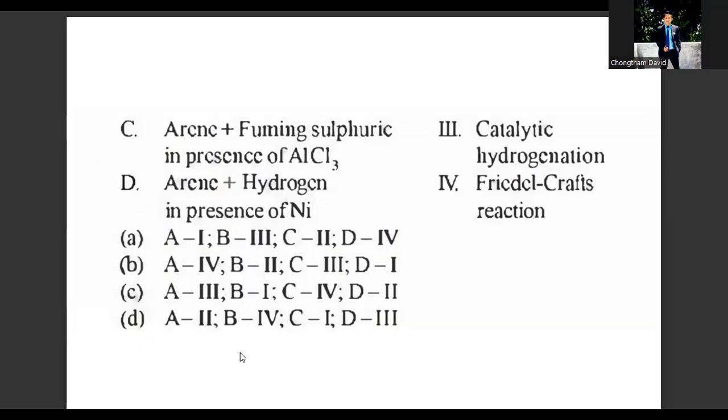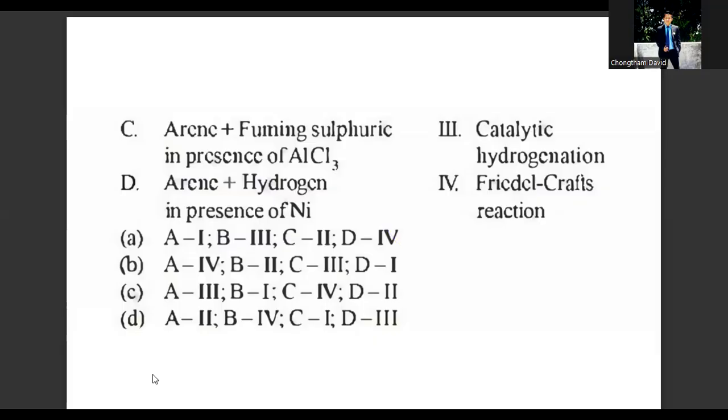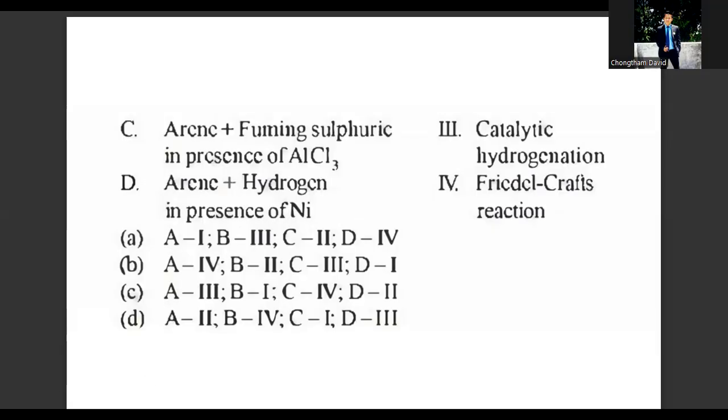And D. Arene plus hydrogen in the presence of nickel must be catalytic hydrogenation. So from the previous slide, you have A2, B4, C1 sulfonation, D3. So A2, B4, C1, D3. And for this, you have D as the correct answer for question number 26.